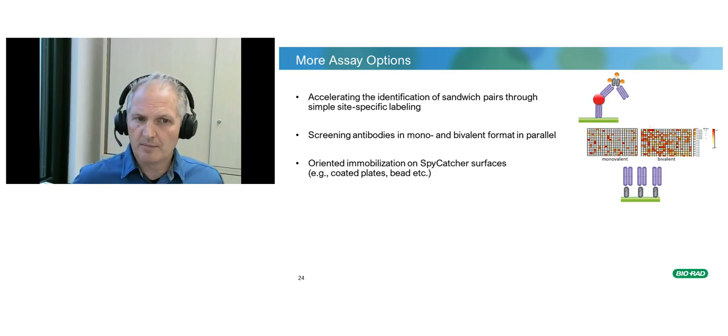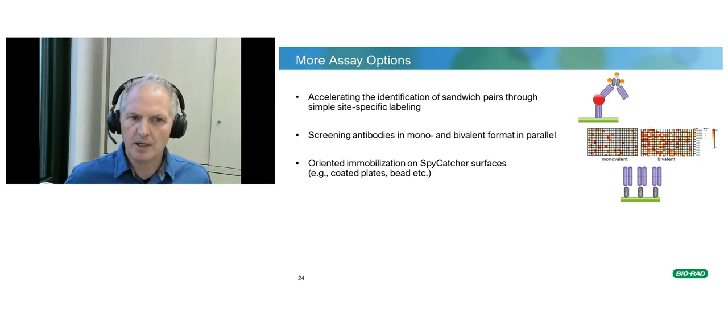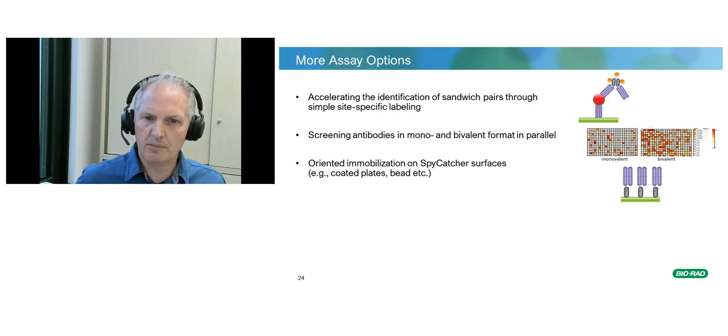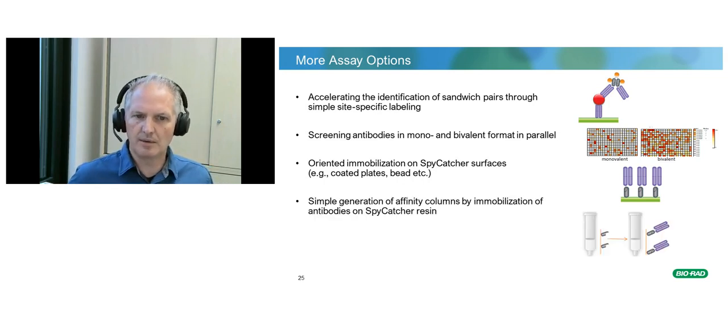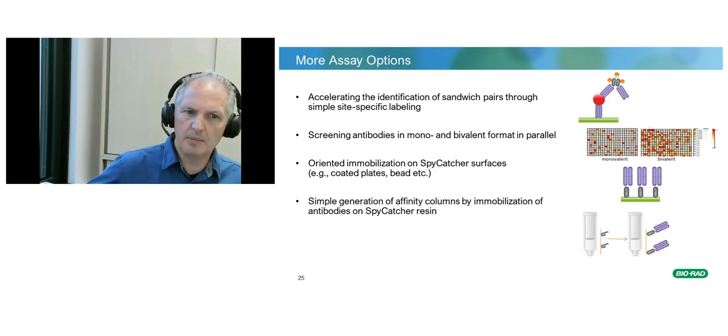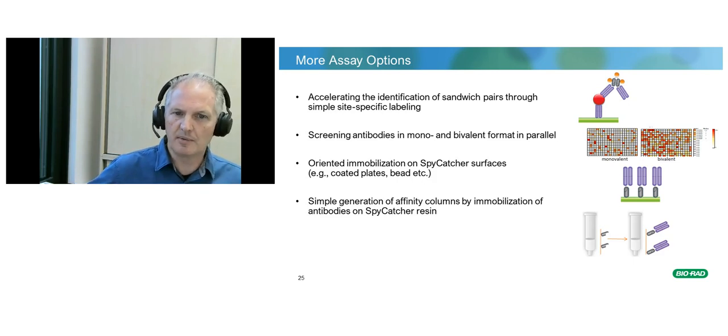You can immobilize the SpyCatchers on different surfaces like plates, beads, resins, whatever, and then add your SpyTag antibody for an oriented immobilization, which reduces the amount of antibody which is needed and increases the sensitivity. And you can very rapidly and easily generate affinity columns by using SpyCatcher resin.